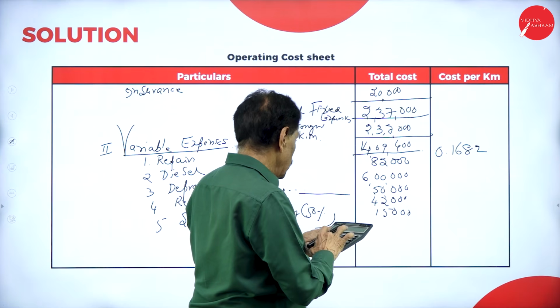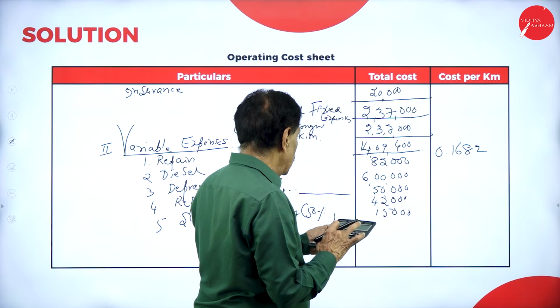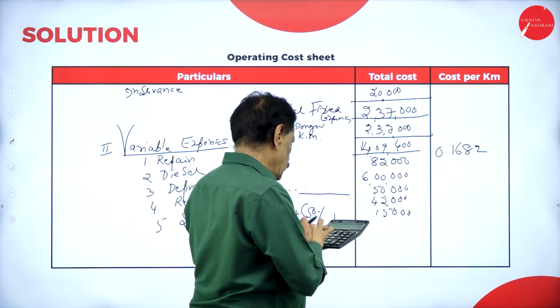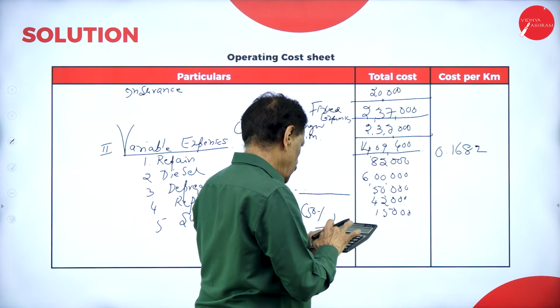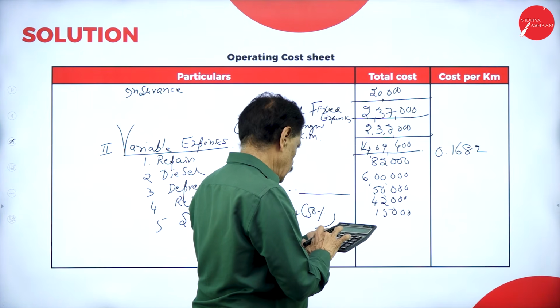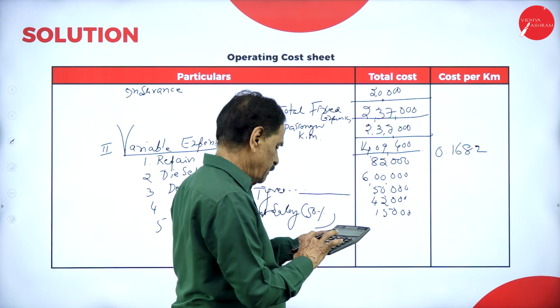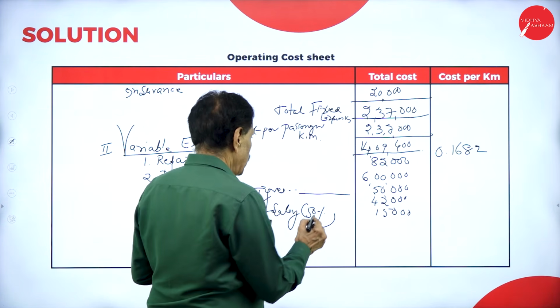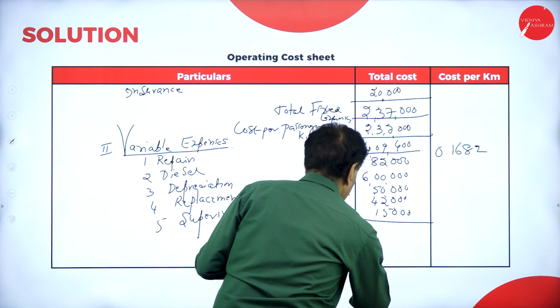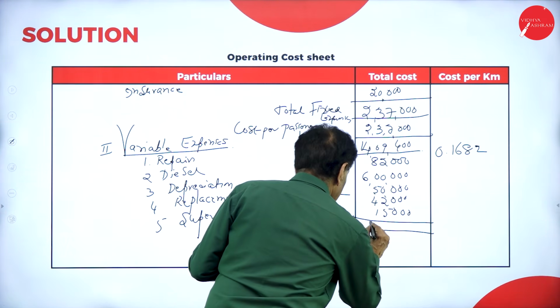So 82,000 plus 6 lakh plus 50,000 plus 42,000 plus 15,000 is 7 lakh 89,000.